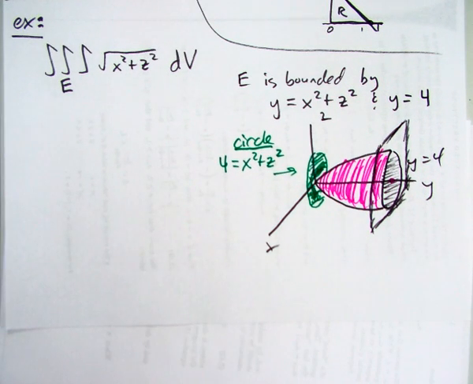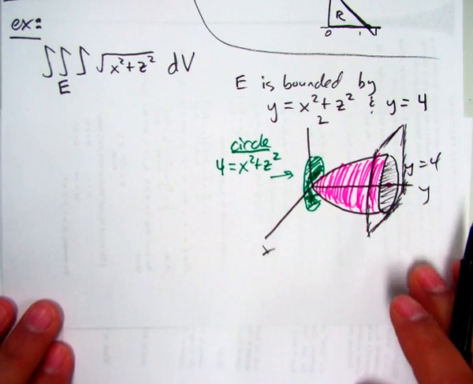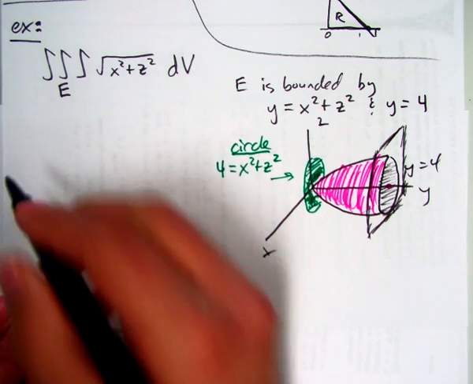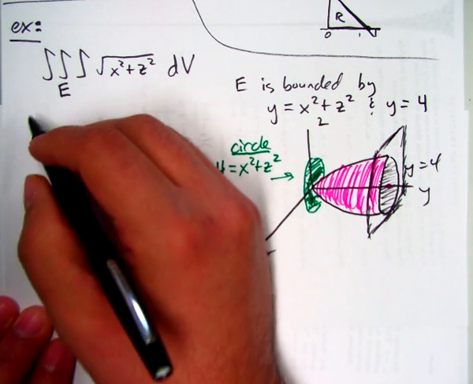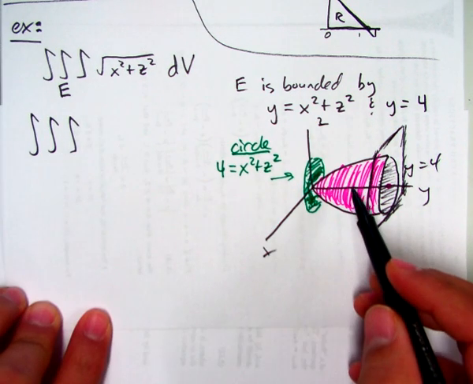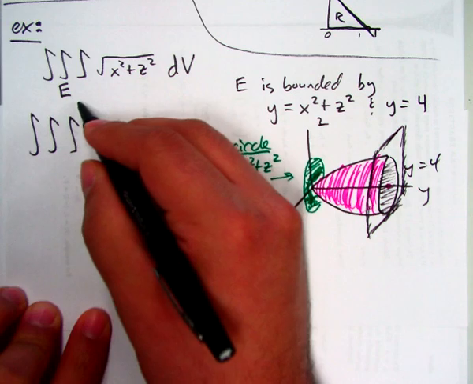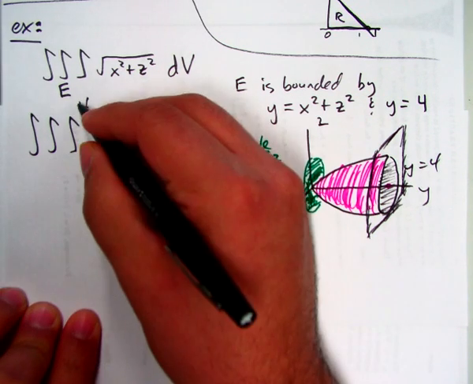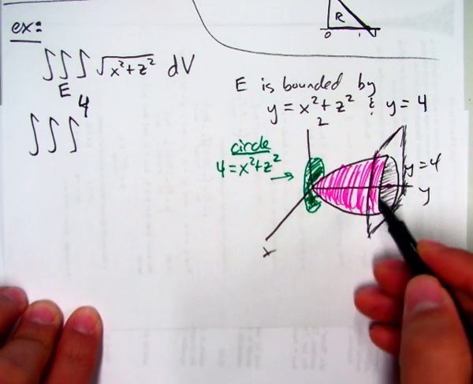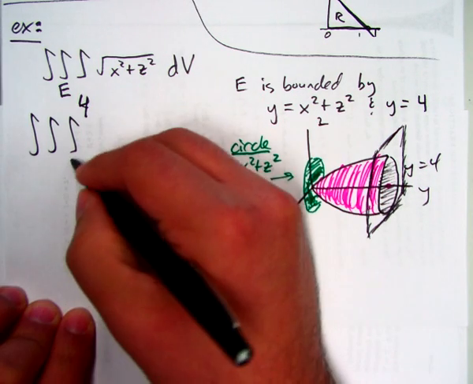So let's see if we can set this up. 4 equals x squared plus z squared. So now I'm going to set this up. Here we have a clear y upper bound, which is 4, or a right bound, I guess. The lower bound would pretty much be this entire paraboloid, which is x squared plus z squared.